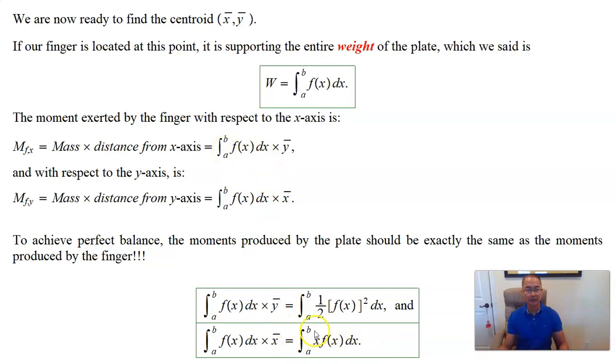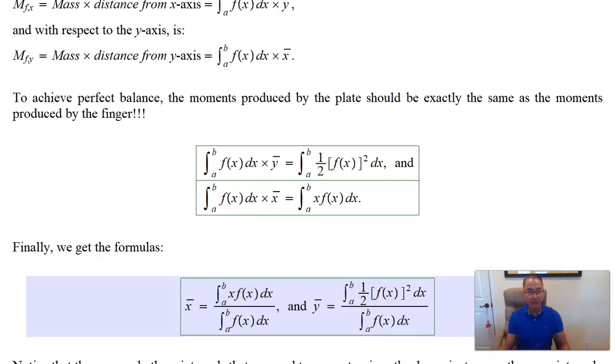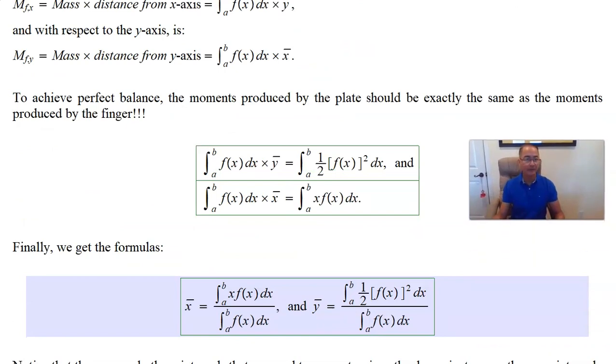Similarly, the moment of the plate with respect to the y-axis, and this is the moment of the finger about the y-axis. So there we go. Last step, divide by the total weight of our system, just like how we saw the fraction over W1 plus W2 plus W3. Okay, so we have the formulas in all their glory.